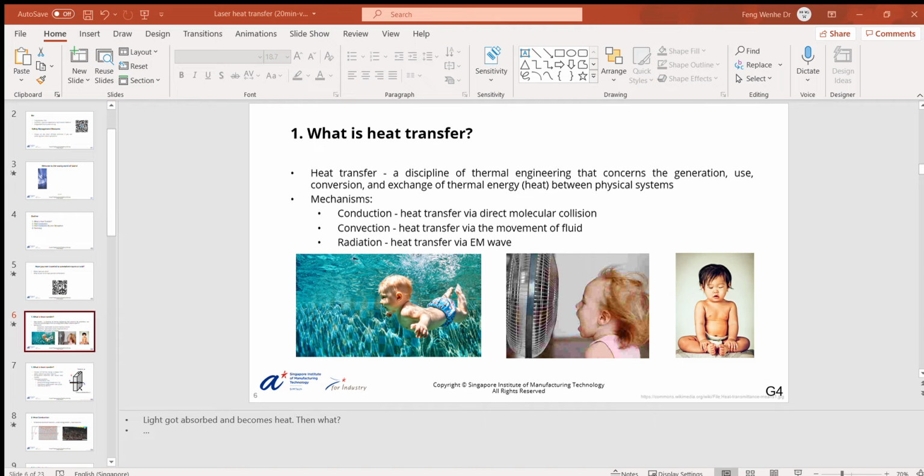Time. Time is missing in this picture, which means sometimes we have to deal with unsteady heat conduction. So I'd like to present this model describing the unsteady state 1D heat conduction. That is to say, the energy balance of this system is now divided into 4 parts.